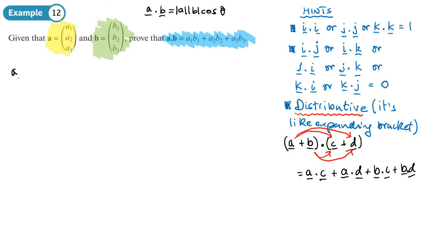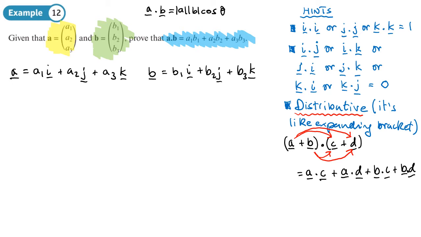So the vector A, I can write as A1 i plus A2 j plus A3 k, and the vector B can be written as B1 i plus B2 j plus B3 k.